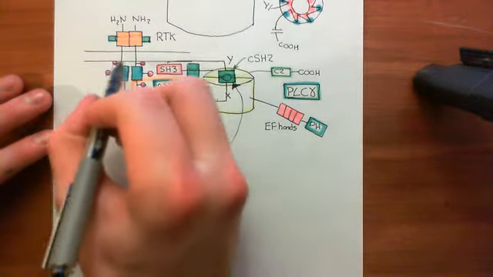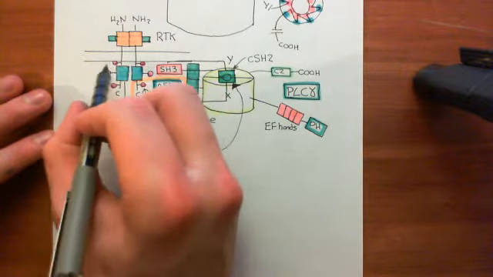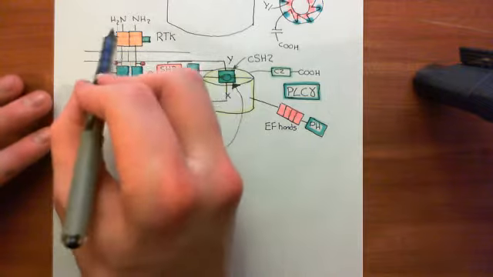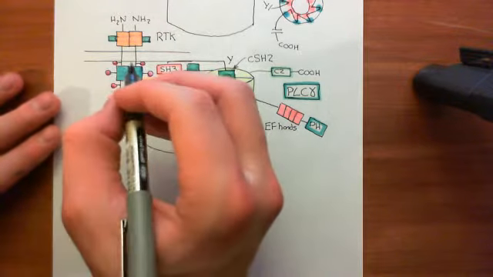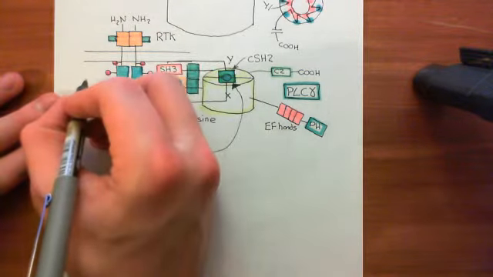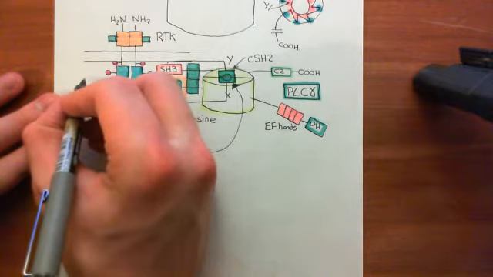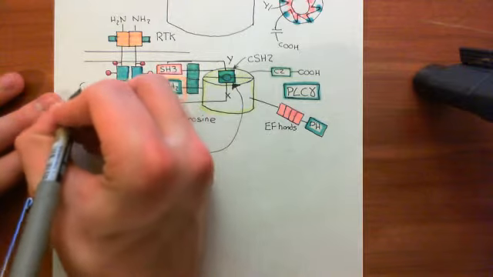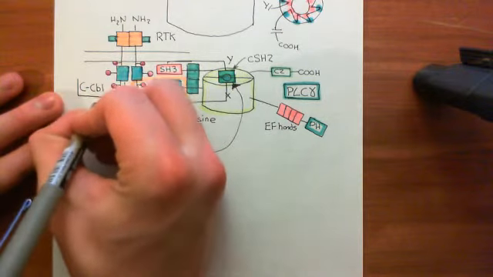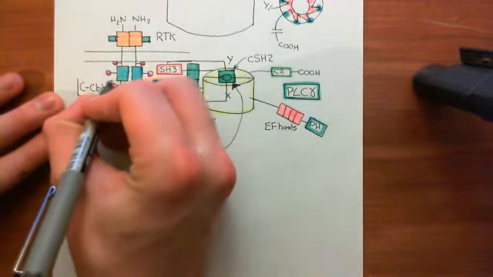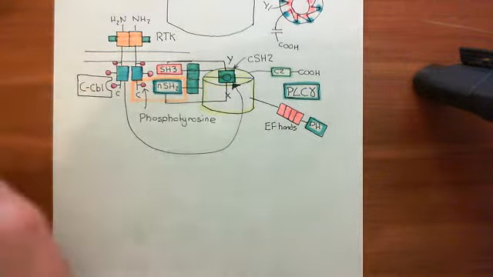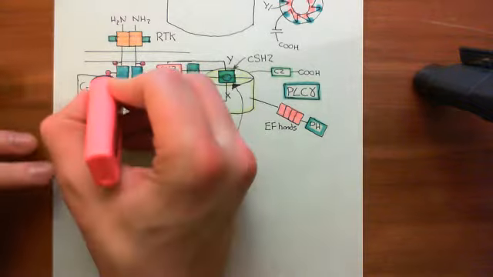So how do these phosphotyrosine residues on the intracellular aspect cause the removal of this receptor tyrosine kinase from the cell membrane? Well, what's going to happen is a protein called C-cBL. So C-cBL is going to come and bind to phosphotyrosine residues, like so, on the intracellular aspect of our receptor tyrosine kinase dimer.